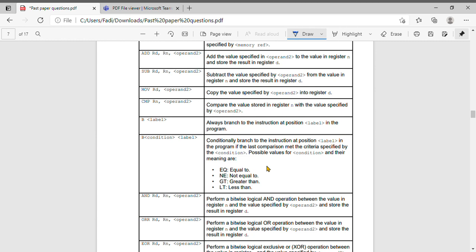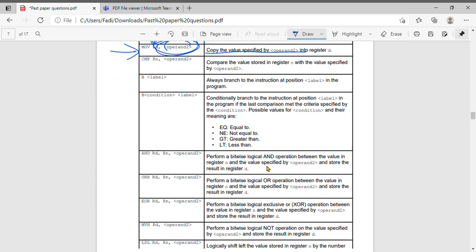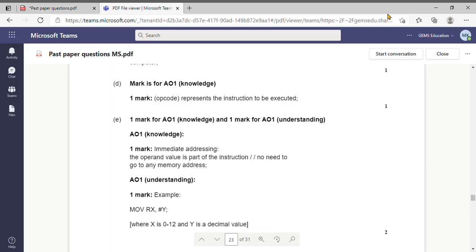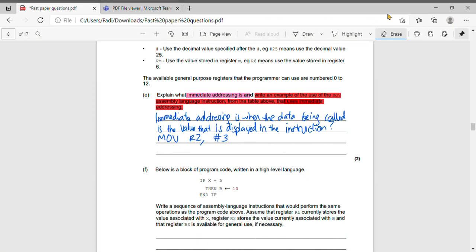Here it is. Copy the value specified by operand 2 into register D. So let's do that. Move R2, number 3. Yes, excellent. So we got those 2 marks.